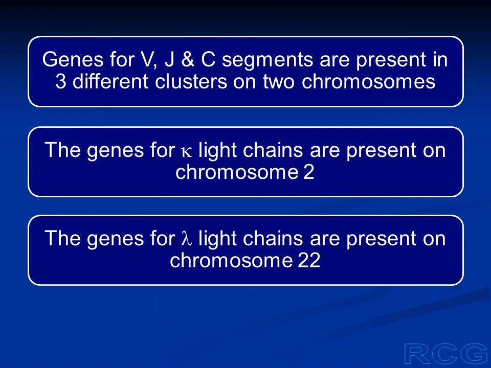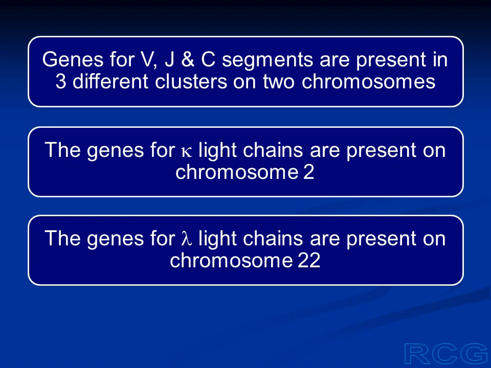Now, genes for these three segments, V, J, and C segments, are present in three different clusters. There is a V cluster, there is a J cluster, and there is a C cluster. And these three different clusters are present on two different chromosomes. We have seen that the light chains can be of kappa type and they can be of lambda type.